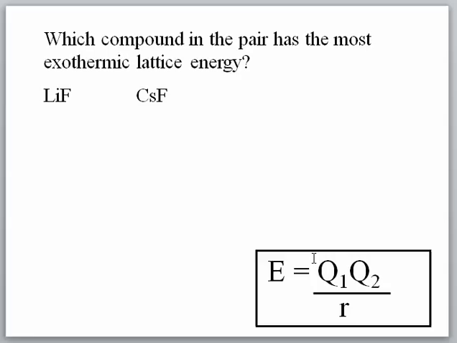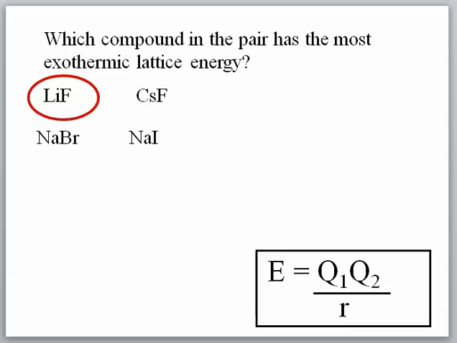So your Q's values would be the same, but your distance between those ion centers, your lithium is much smaller than your cesium. So the reason you have this larger energy is because your radius is so much smaller. So smaller radius gives you a greater attractive force. If we move down to the next one, sodium bromide and sodium iodide, equal charges.